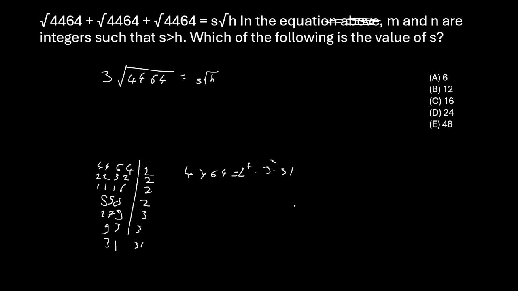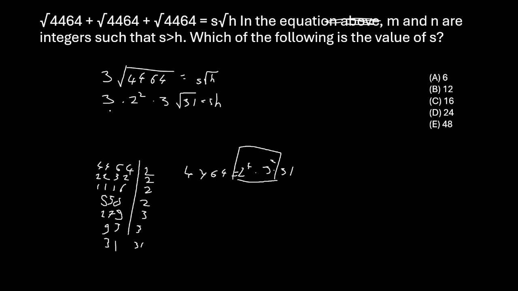And we see that we can bring this out from the square root. The square root of 2 to the 4th power is 2 to the 2nd power. The square root of 3 to the 2nd power is 3. We are left with 31.